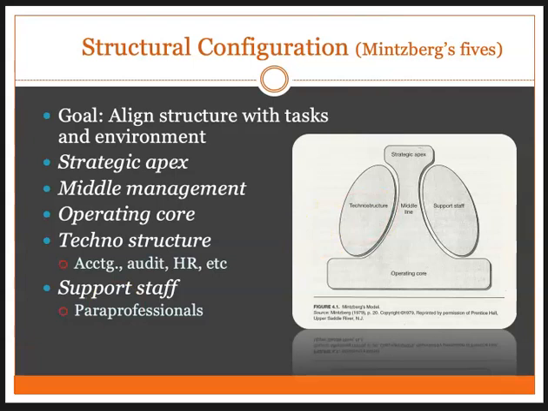So the model says that people are hired into functions or jobs and roles according to 5 different areas. Remember, this is generic and it will morph into many different versions of this generic model. But he says at the bottom, every organization needs an operating core, and this operating core is basically the people who get the core thing done.